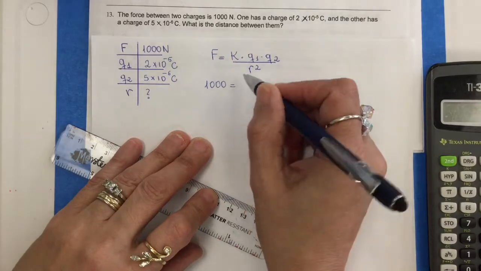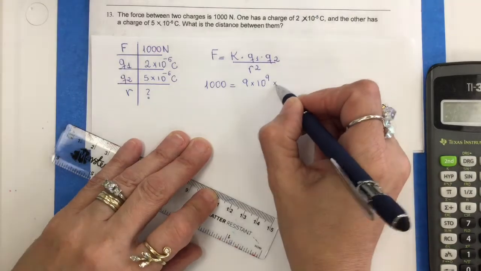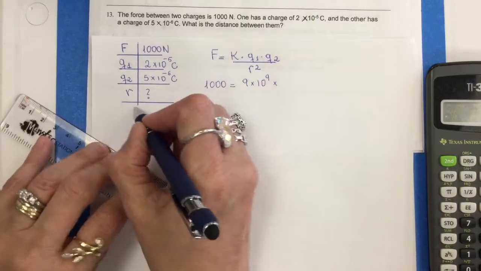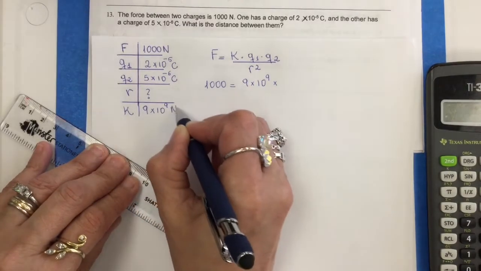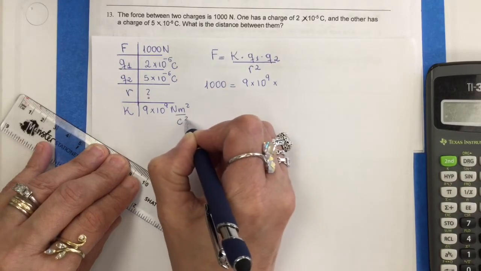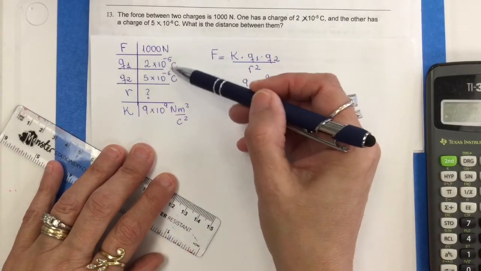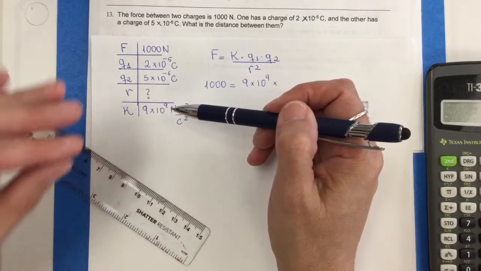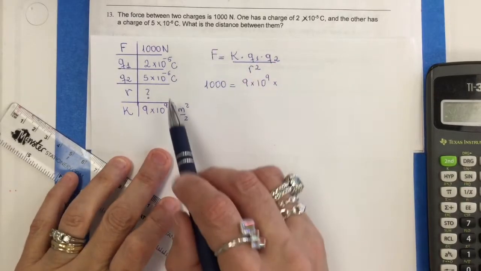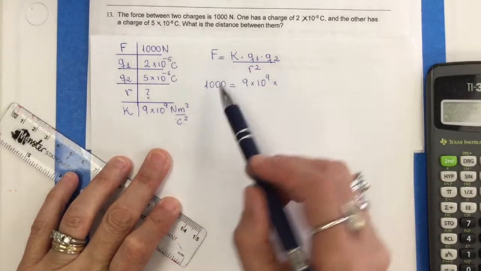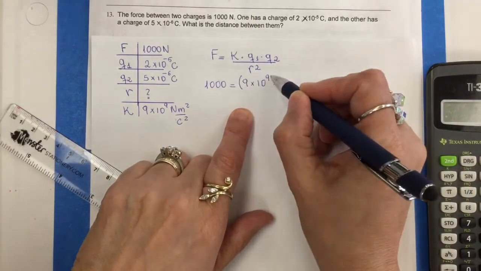K is Coulomb's constant, 9 times 10 to the 9 newton meter square over coulomb square. In the data table it is important that you check that all the units are aligned with the SI units, and you do not want to substitute the values with the units in the formula, because it gets too long.